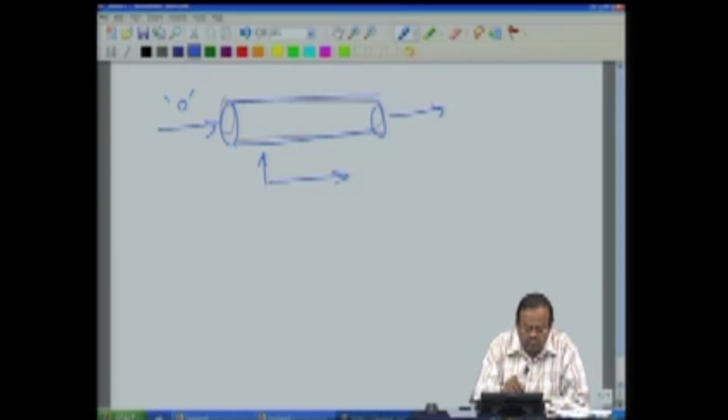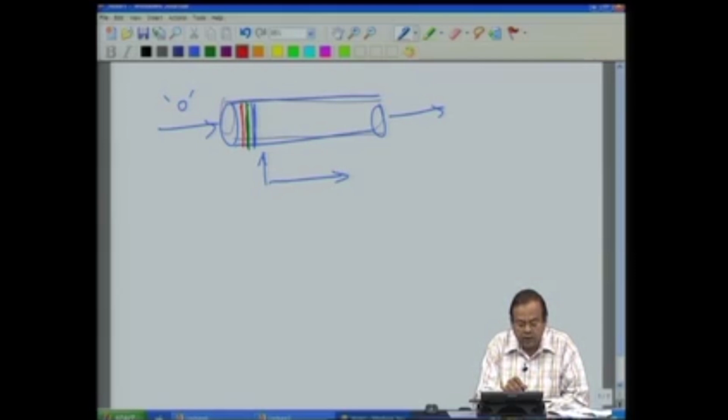So, we have, let us say, one thin plane over here, then following this another fluid element moves in, then we have yet another fluid plane moving in, and these fluid elements in this axial plane, in this plane, they do not interact with each other.